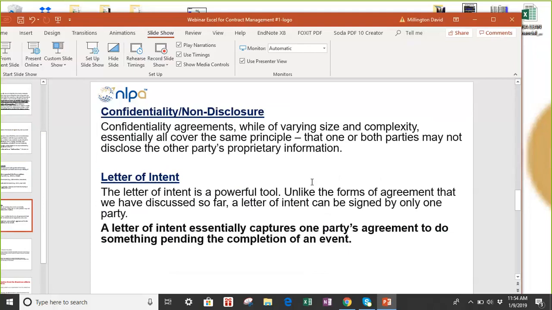And then we have the letter of intent, which is more a one-sided type of agreement in which one party agrees to perform certain service for the other party.